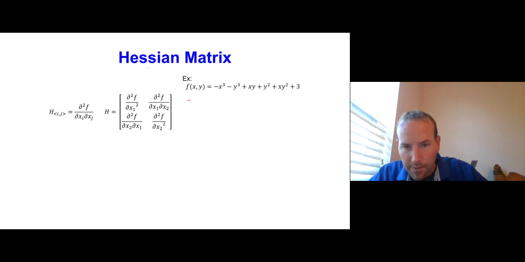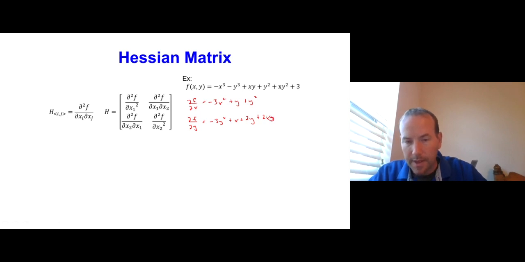We'd say that df/dx equals 3 minus 3x squared plus y squared, and df/dy equals minus 3y squared plus x plus 2y plus 2xy.